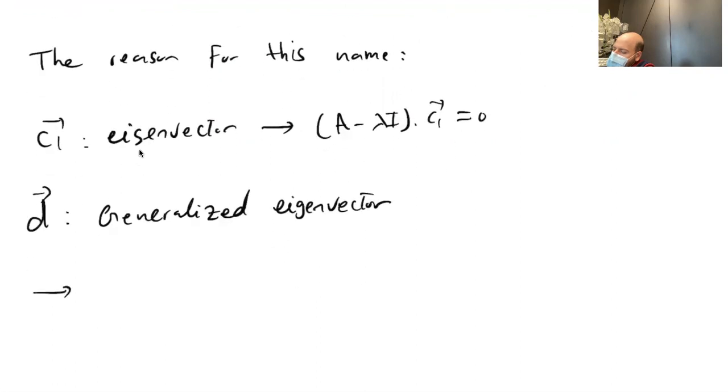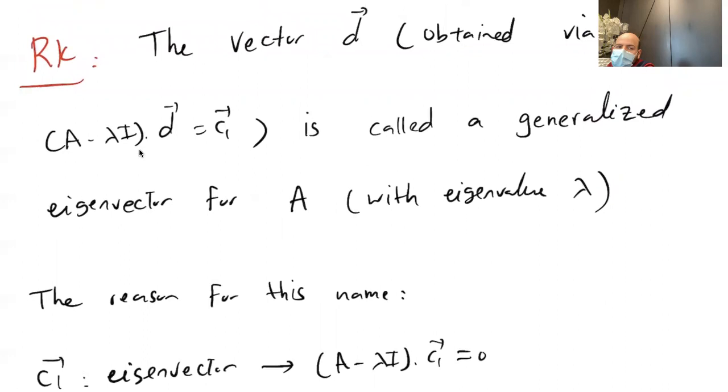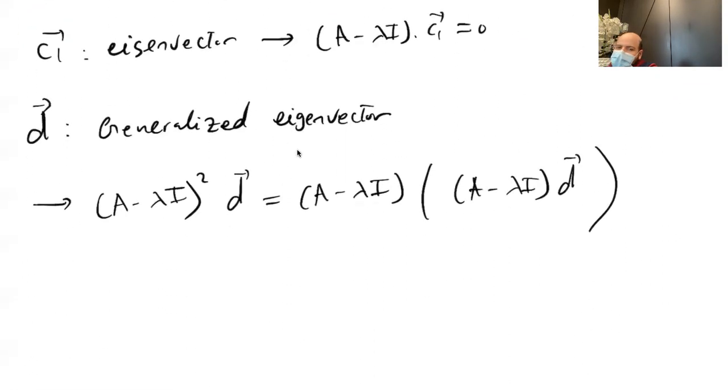Now if D is a generalized eigenvector, what can I say? A minus lambda I squared times D is the same as A minus lambda I times A minus lambda I times D. But A minus lambda I times D is C1, so I can replace this with C1.